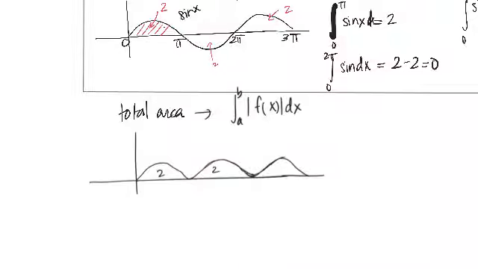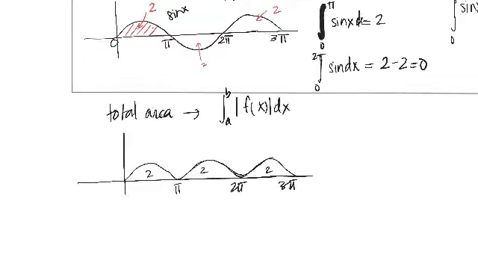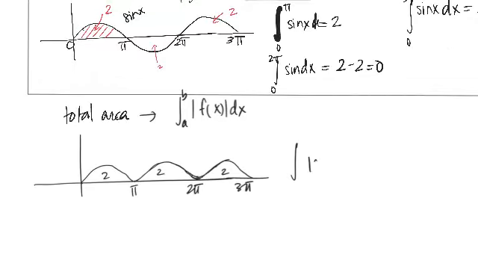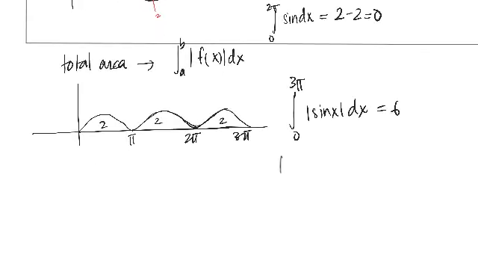So now this would be my situation, and if I were to do the integral of the absolute value of sine x dx from 0 to 3 pi, that would have to be 6, okay? And I could write that as the integral from 0 to pi of sine x dx, because for that first stretch, the sine function is positive, so its absolute value is itself.